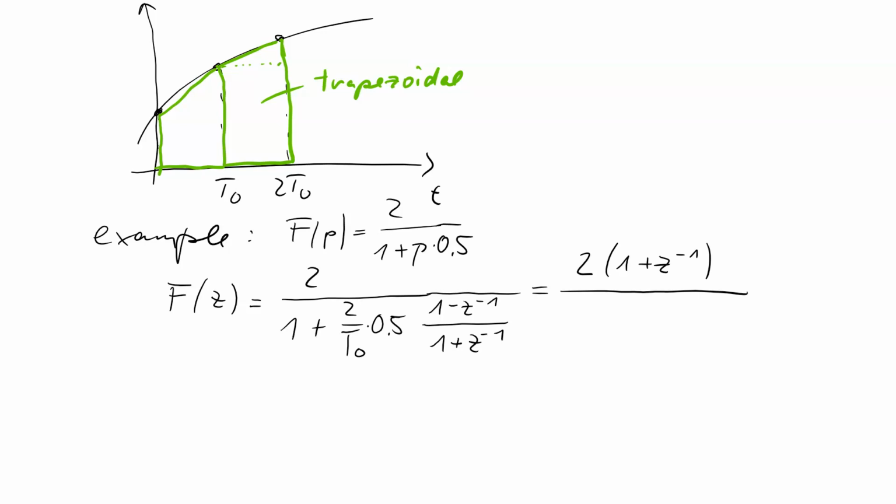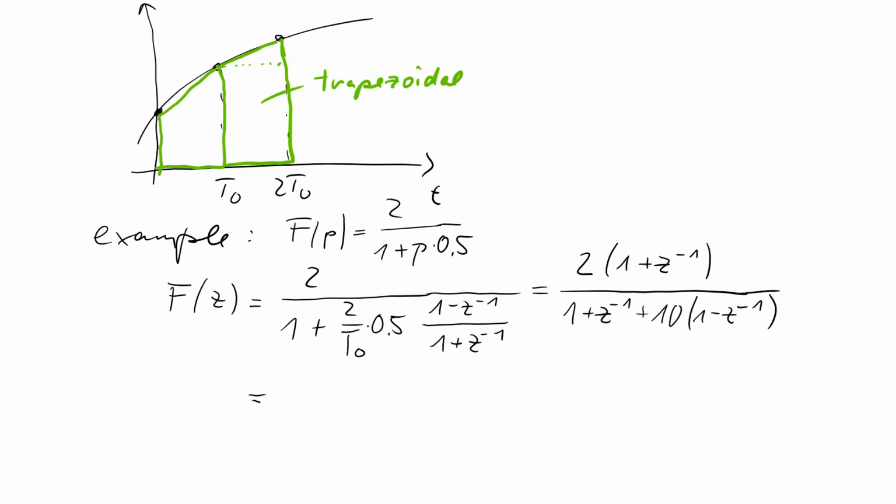Here the 1 in this expression has to be multiplied with this denominator, so we have 1 plus z to the power of minus 1 at this position, and here we have 2 times 0.5 is 1 divided by sampling time. This is a 10 in our case. 10 multiplied with 1 minus z to the power of minus 1.